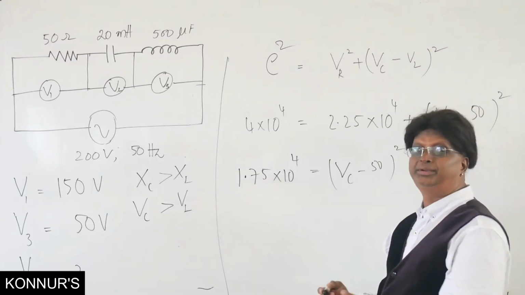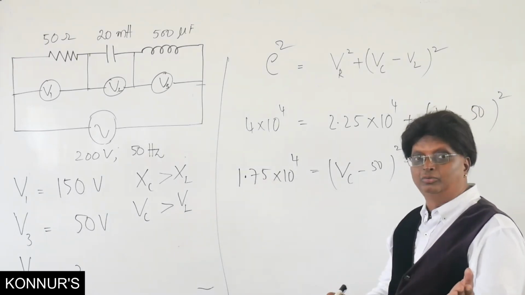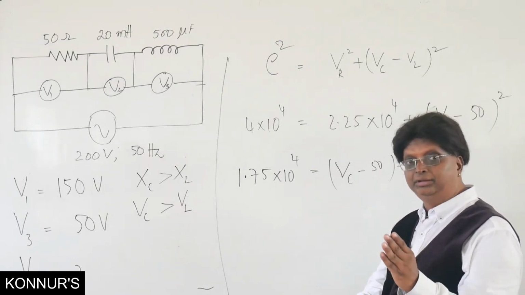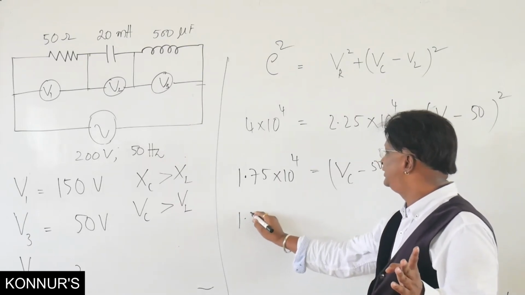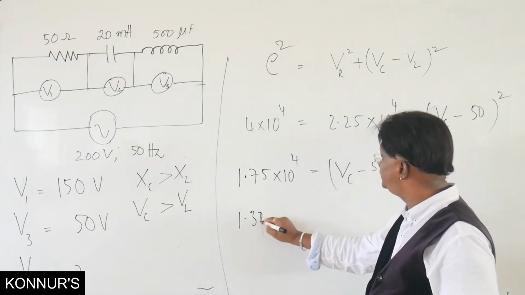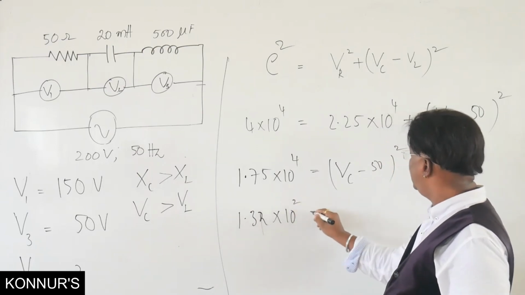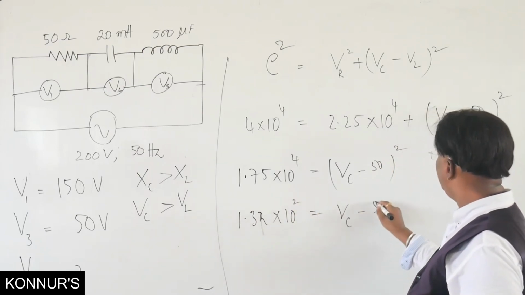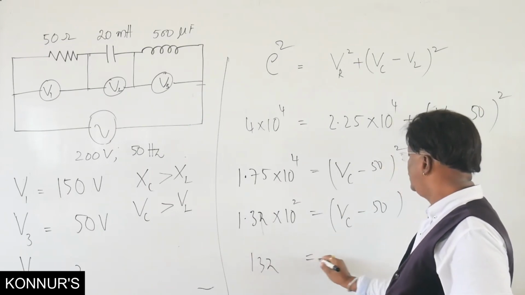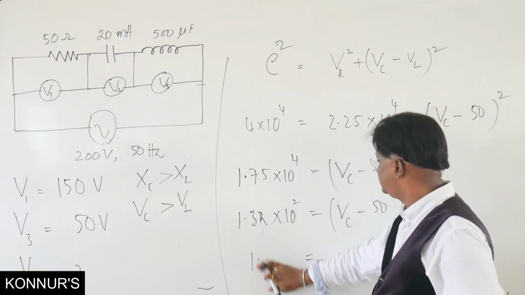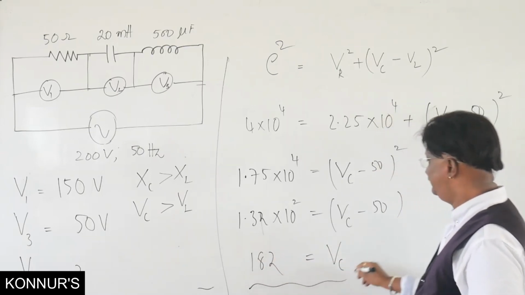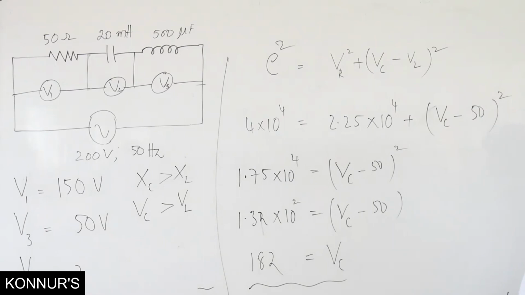Root of 1.75, near value 169 you will get as 13, so it is something like 1.32 into 10 squared is equal to VC minus 50. So this is 132. 132 plus 50 is 182. That is the value of VC. So that is how it goes.